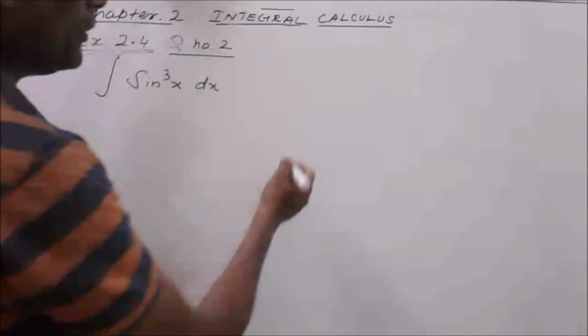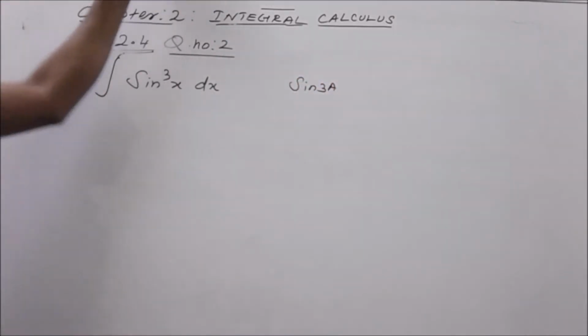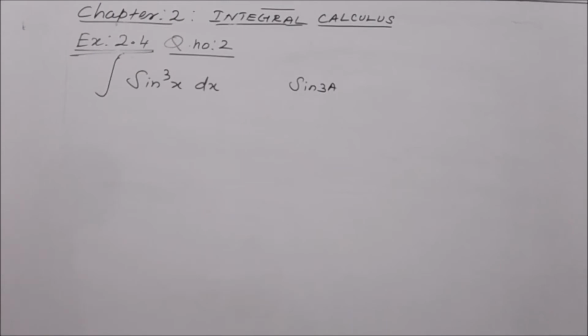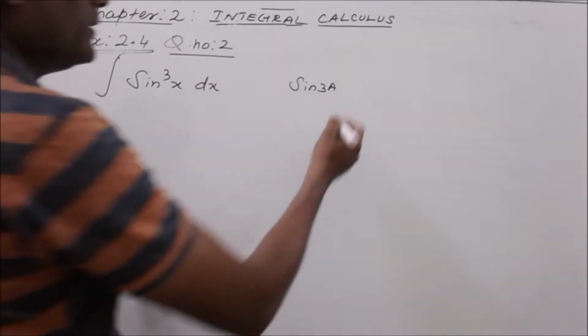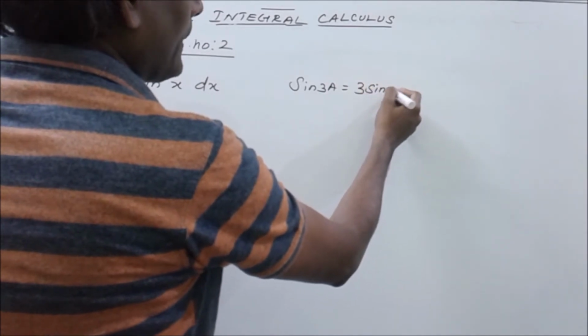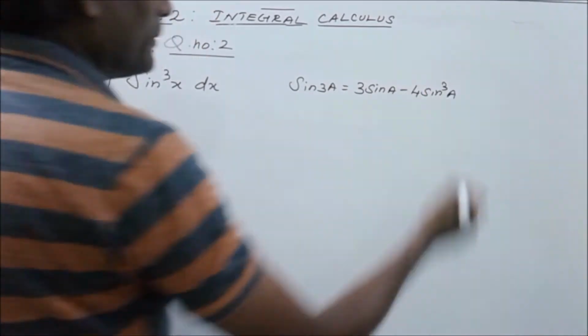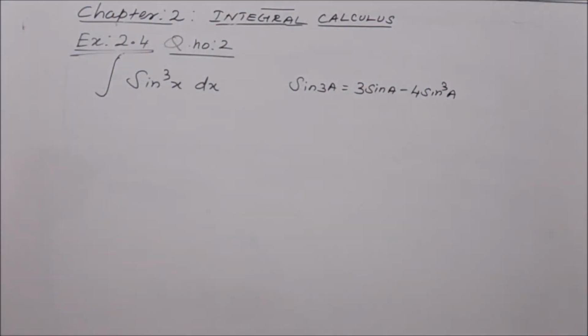So already I told you sin 3a; from sin 3a we can derive sin cube a. Sin 3a means 3 sin a minus 4 sin cube a.